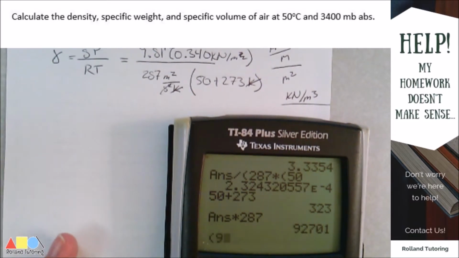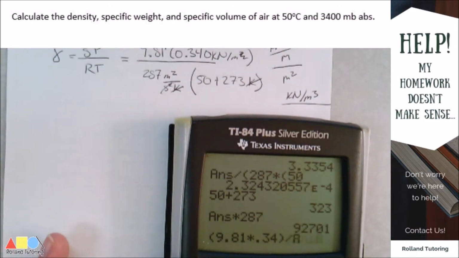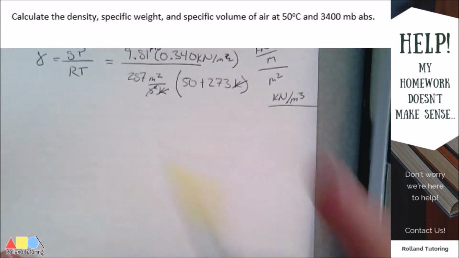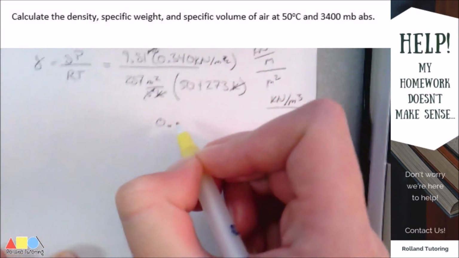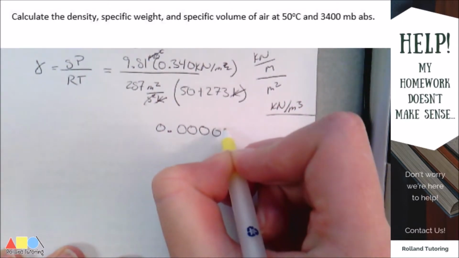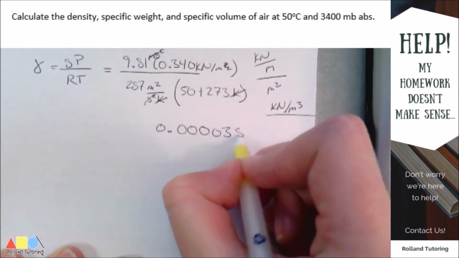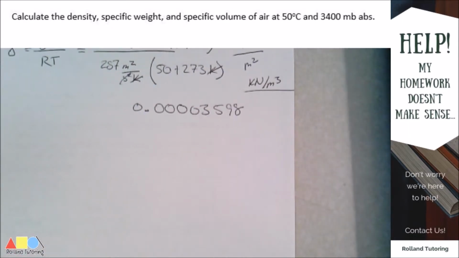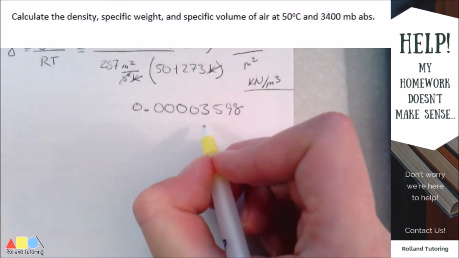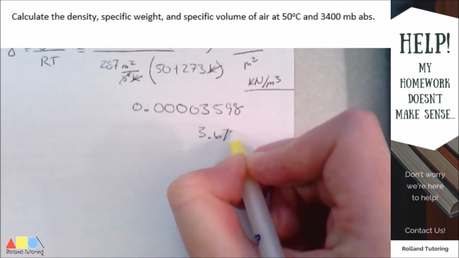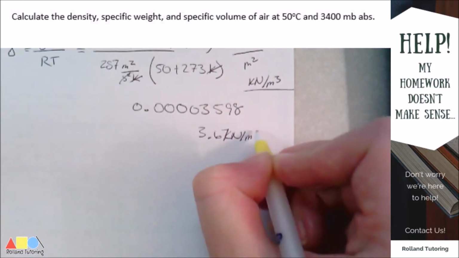And on the top we'll get 9.81 times 0.34 divided by that answer to give us this longer number of 0.12345, which in turn turns into 3.6 kilonewtons per meter cubed.